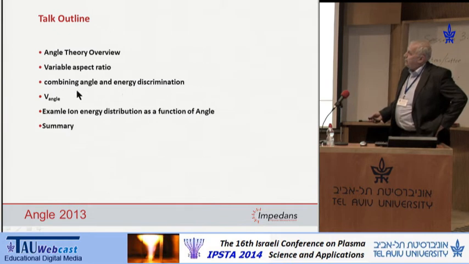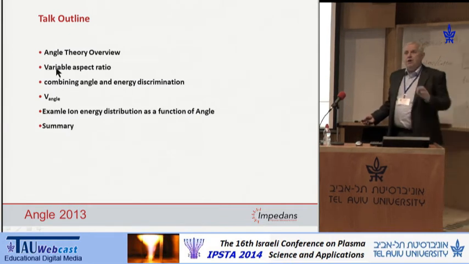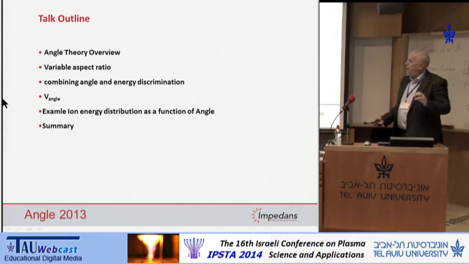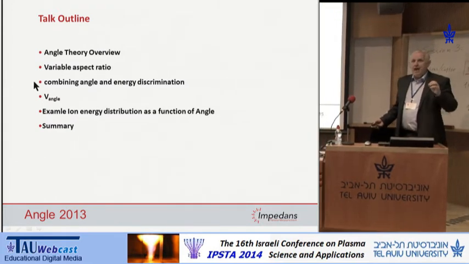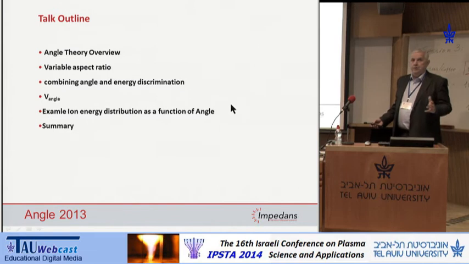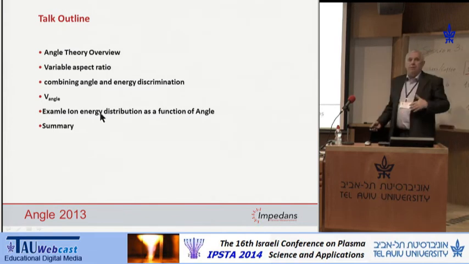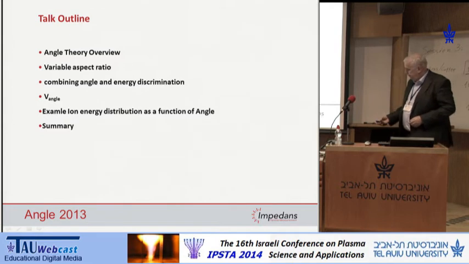And then how we can combine this concept of a variable aspect ratio with energy discrimination so that we can measure the energy of the ion in the perpendicular direction and we can measure the angle of the ion. And with those two, we then have the two-dimensional energy distribution of the ions. And then I'm just going to give an example of some recent measurements then with a system.